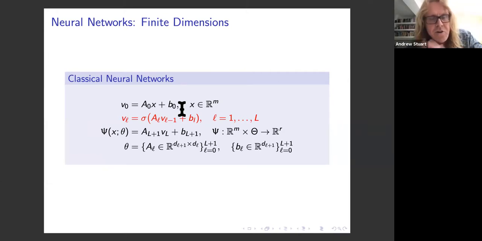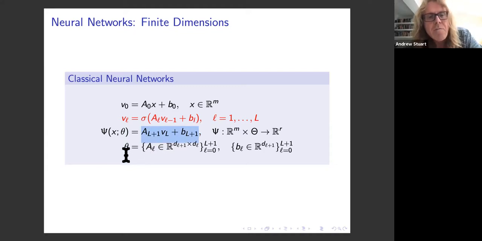Okay, so the classical neural network, here I'm just going to look at mappings between Euclidean spaces. They take this form. This is a mapping from R^m to R^r, and I just write this in the fairly standard form of a deep neural network, starting with a linear transformation, iterating the composition of linear transformations with a ReLU function or other such function, and then at the end another linear transformation.